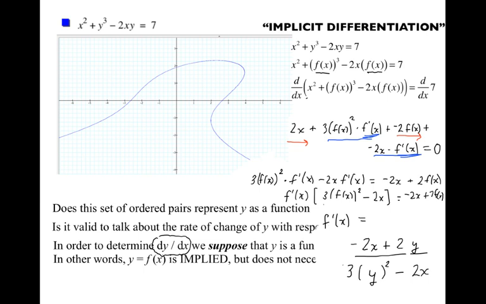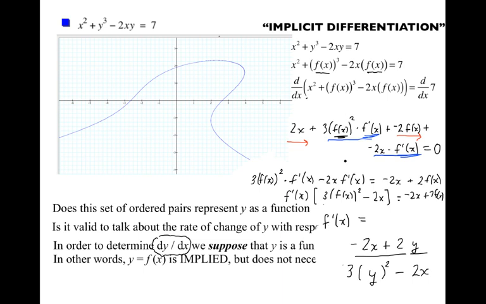Okay, so in solving these problems, you don't have to change it to f of x. You can leave it as y, but you have to remember that it is a function of x, and that anytime you differentiate and it has a y in it, that's going to require the chain rule because it's implied that it's a function of x.